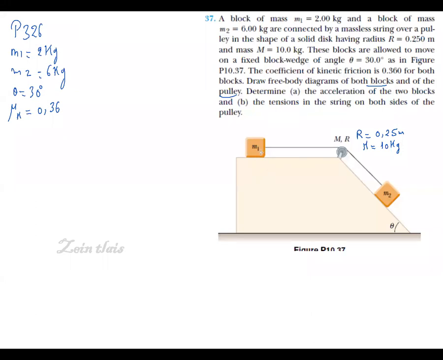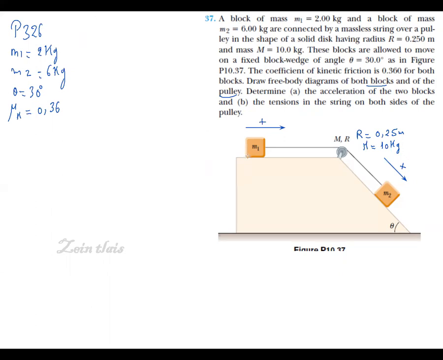In this case, we have a motion down. The motion will be to the right. This one is a positive direction, and this one is a positive direction. We can say plus and plus.